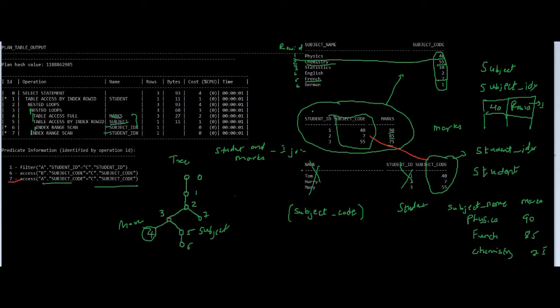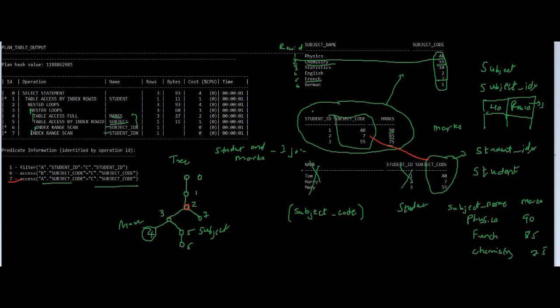Like I said, 3 was having data related to subject name, subject code and marks. At point 7 we have the index range scan of student IDX, where a.subject_code and c.subject_code is compared. That data is being sent to point 2.